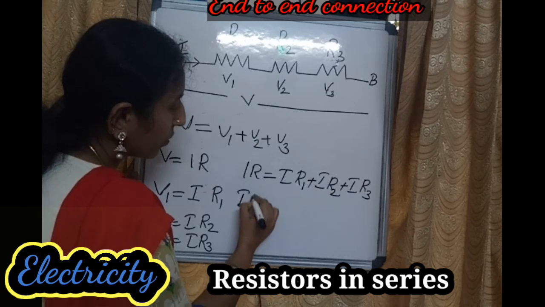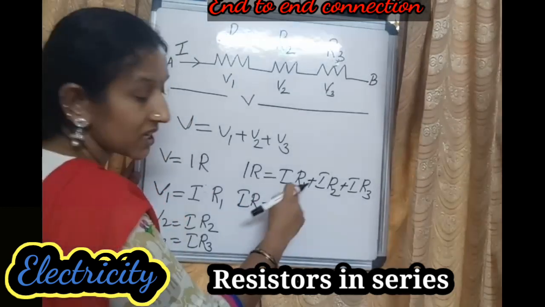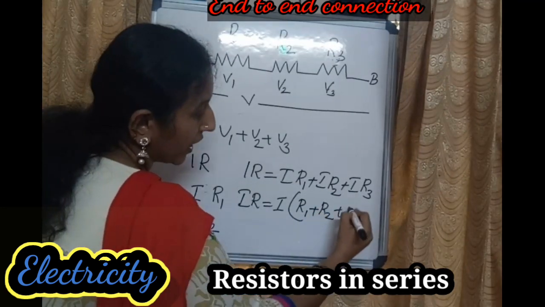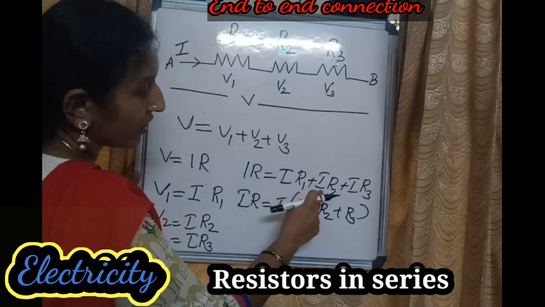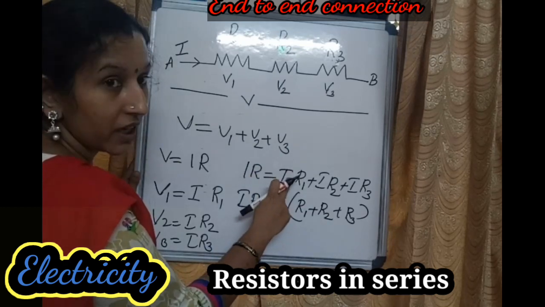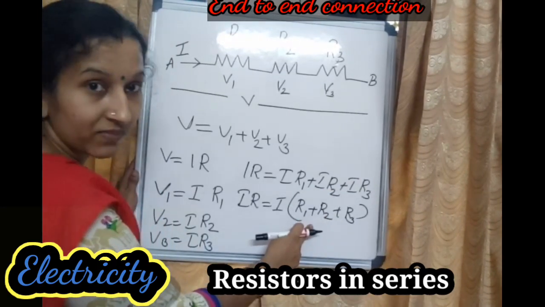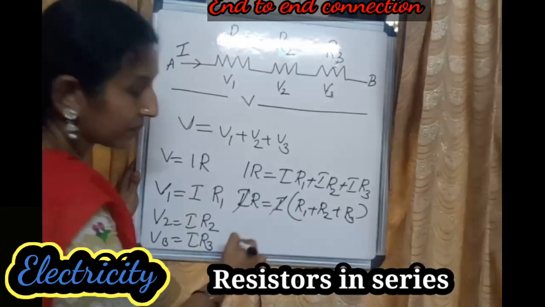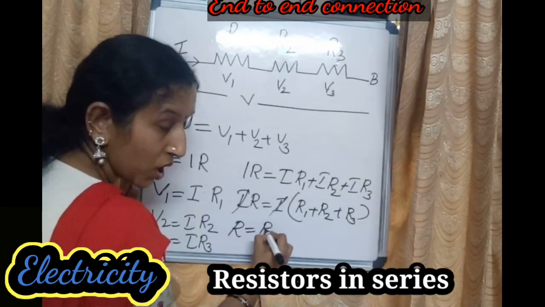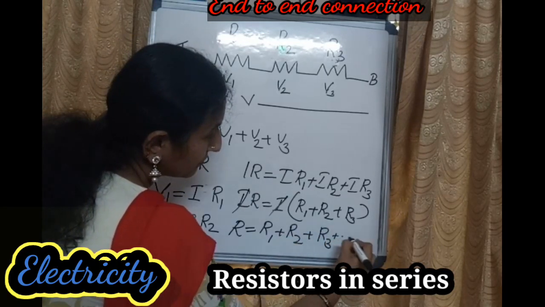IR equal to I into R1 plus R2 plus R3. We took the I outside, so what remains is R1, R2 and R3. Next step, cancel these I. I and I cancel. So what remains? R equal to R1 plus R2 plus R3.